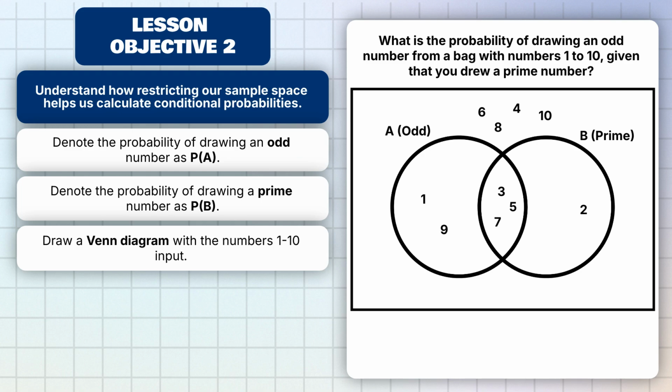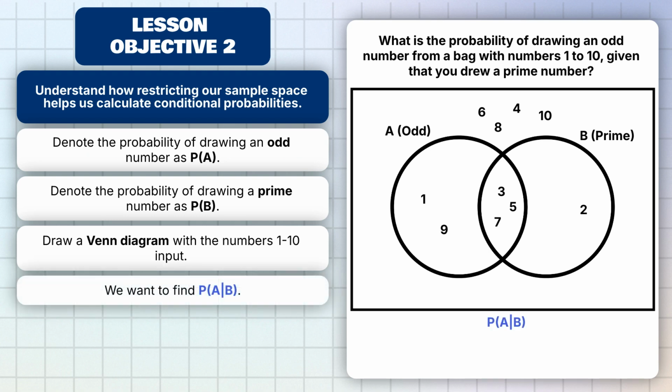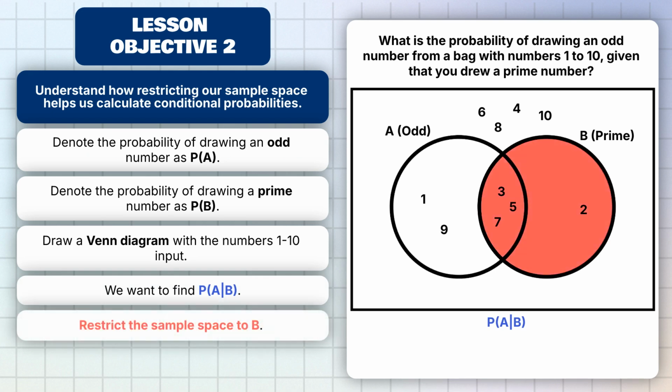Notice that the numbers which are neither odd nor prime are outside of the 2 circles, but still in the sample space. We want to find the probability that we have drawn an odd number, given that we have drawn a prime number. We can write this as the probability of A given B. We start by restricting the sample space to B, since we know that we have drawn a prime number.